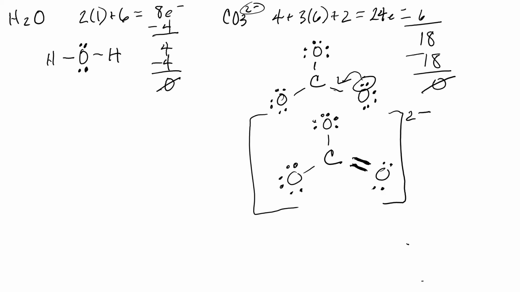Right now, we're going to move on to a few more examples, and we're going to look at carbon monoxide. We have carbon with 4 valence electrons, oxygen with 6, so we have 10 valence electrons.